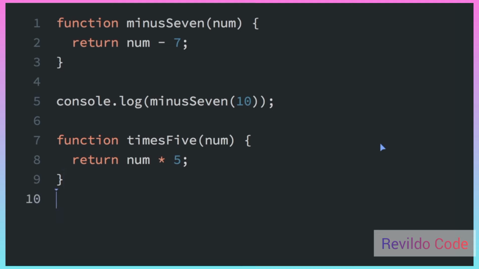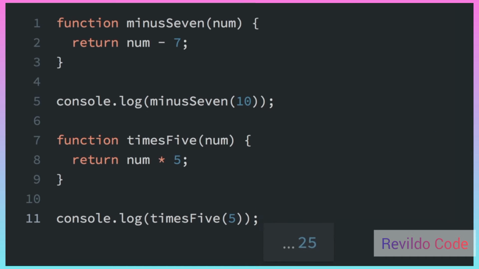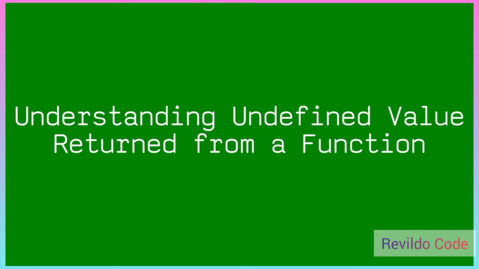And then just like before, we can test it using a console.log of times5, and we'll pass in the number 5 here. And if I run this, we'll see that it returns the number 25.